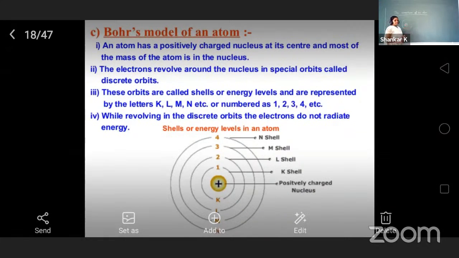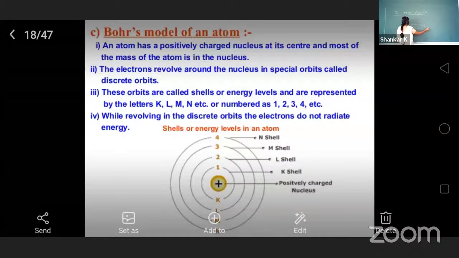What does the nucleus consist of, students? This part is called the nucleus. It consists of protons and neutrons. The positively charged particles are protons, and the particles with no charge are neutrons.